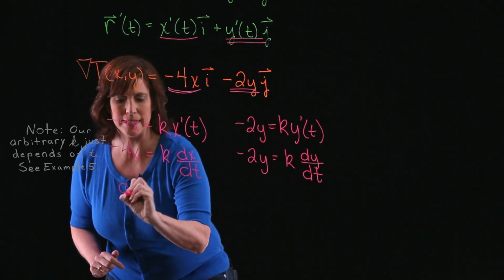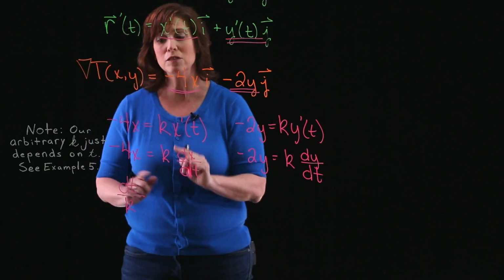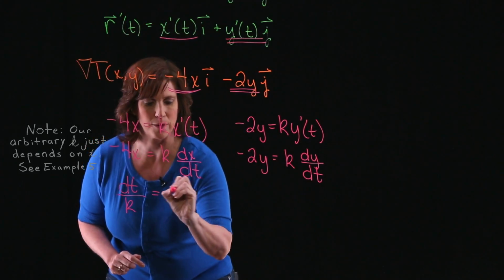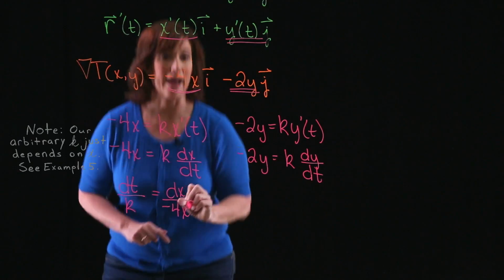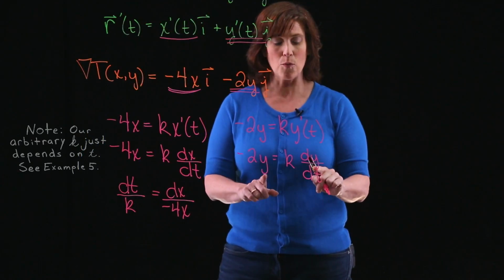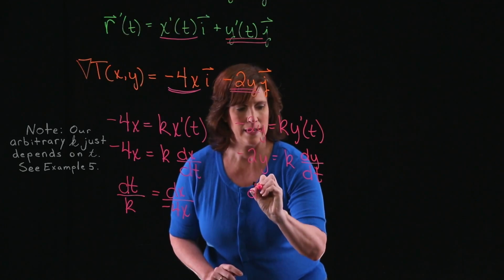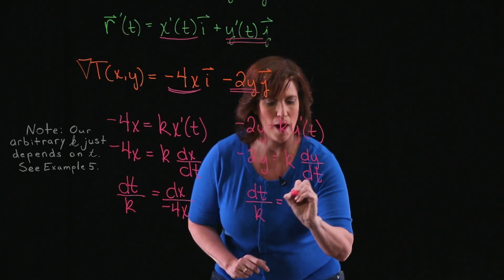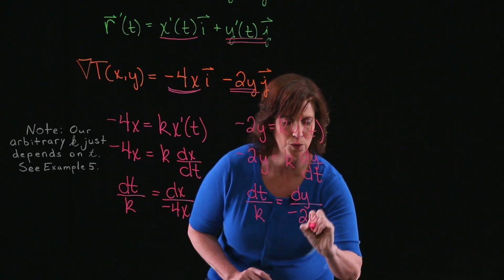So I'll end up with dt over k on the left-hand side, and I'll also divide both sides by negative 4x. So I end up with dx over negative 4x. And in a similar way, I'll have dt over k, and divide both sides by negative 2y. So I have dy all over negative 2y.